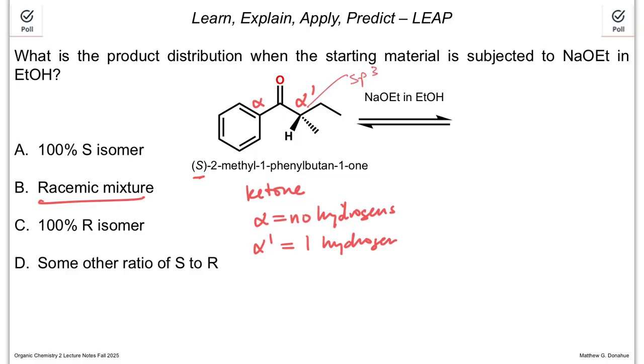So we know that the carbon's sp3 hybridized. Has 4 sigma bonds. The substituents are all different, so that's the S center. We have our base, sodium ethoxide. It's going to deprotonate the only CH bond at the alpha position.